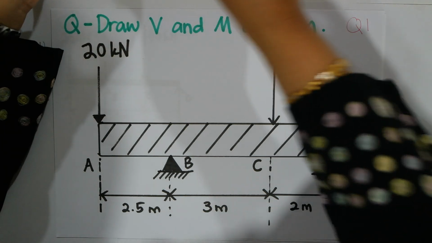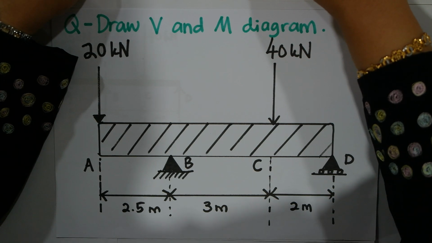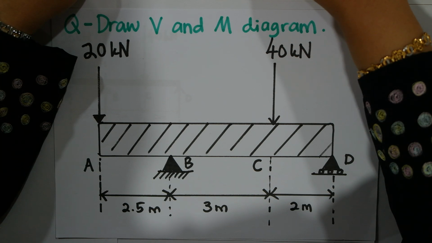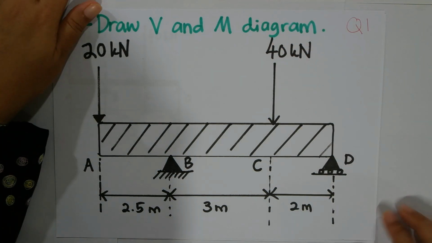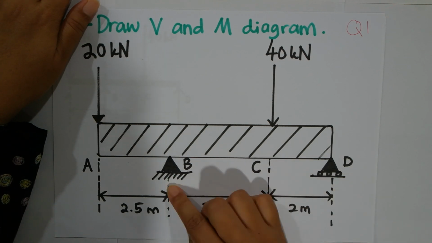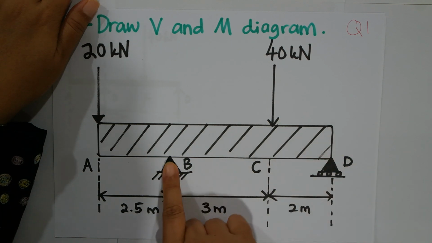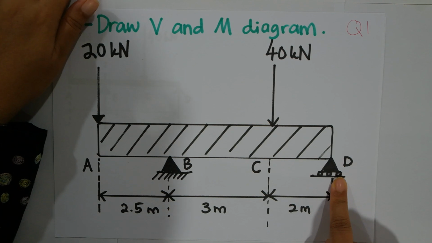You have gone through this with Dr. Dayang. If you have a pin and also a roller, and you convert this into a free body diagram, you will have one arrow of force here and one arrow of force here.